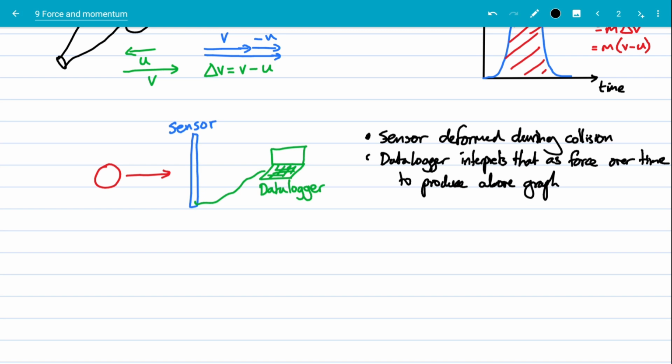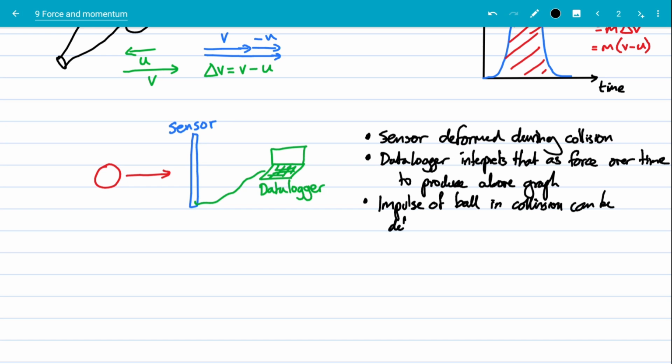So we can use data loggers and sensors to determine the impulse. So we could say the impulse of the ball in collision can be determined.